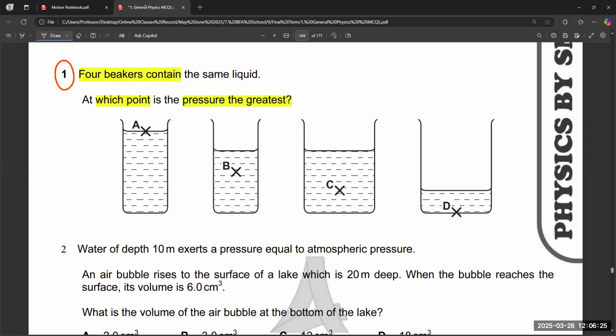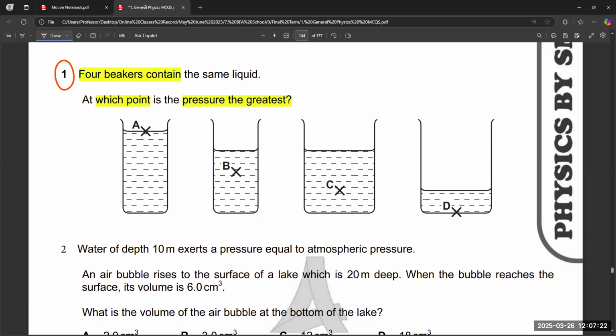So at which point, or in which diagram, do you think the pressure in liquid is greater? Option A, option D, okay. Sir, is it D?